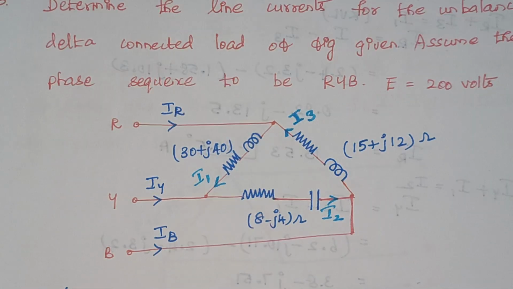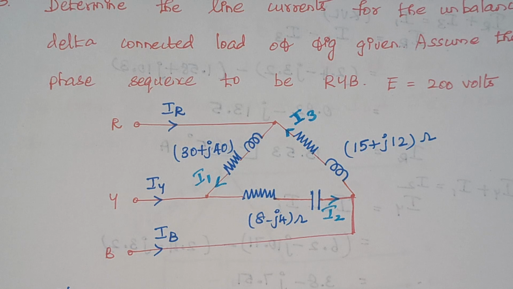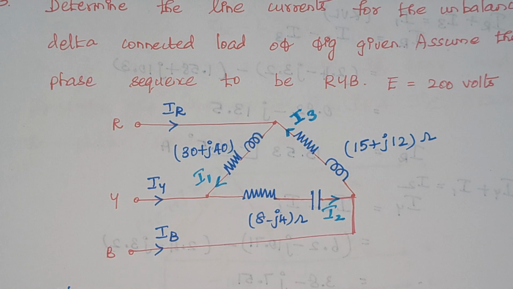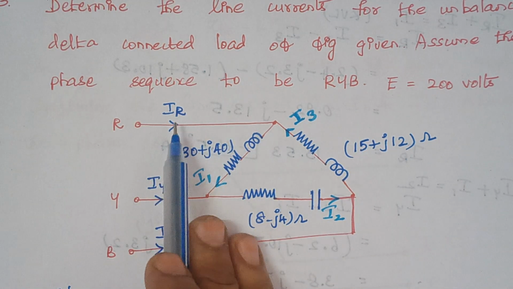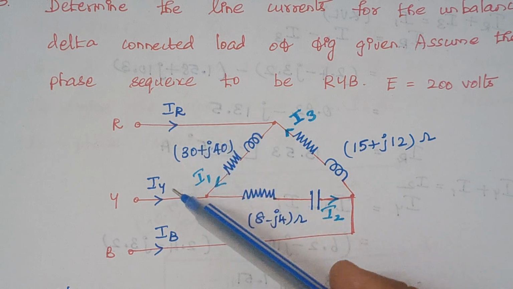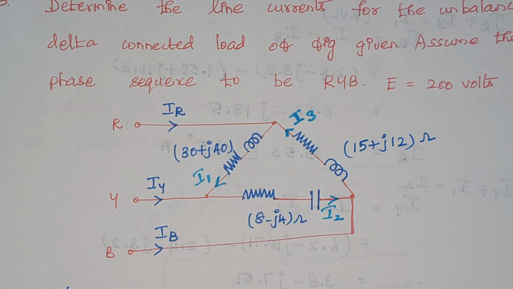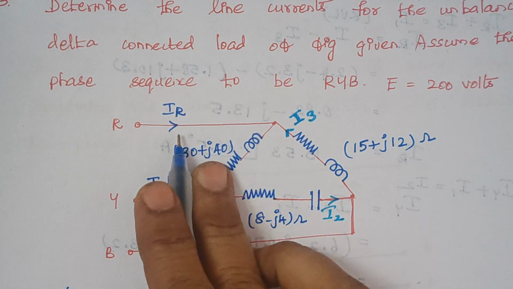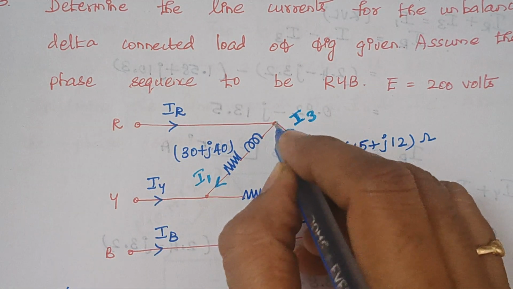Right. So in this problem we have to find the line currents. What are the line currents? Line currents are nothing but IR, IY and IB. Here the values of IR, IY and IB are calculated by using Kirchhoff's current law. To find the value of IR, just consider this node.